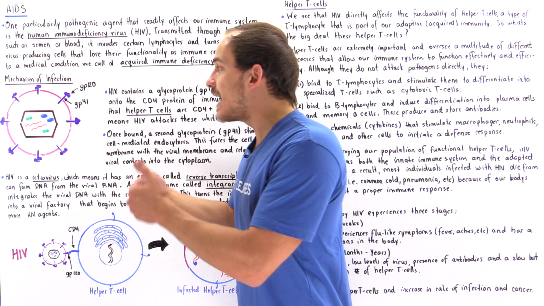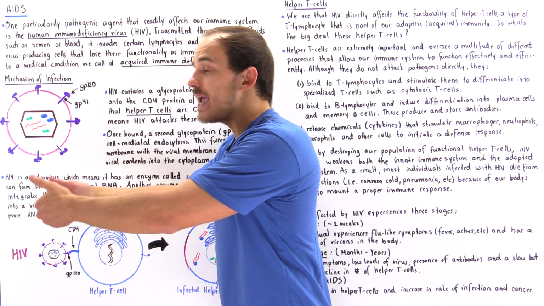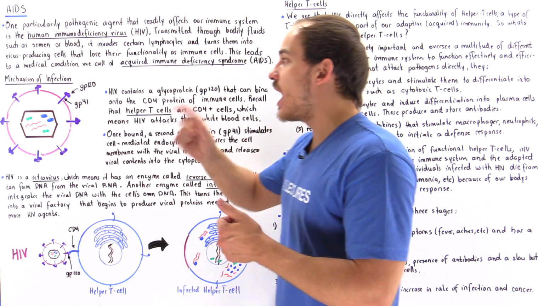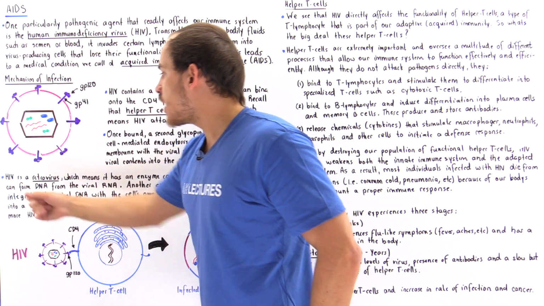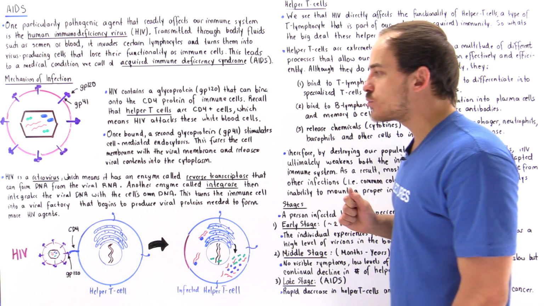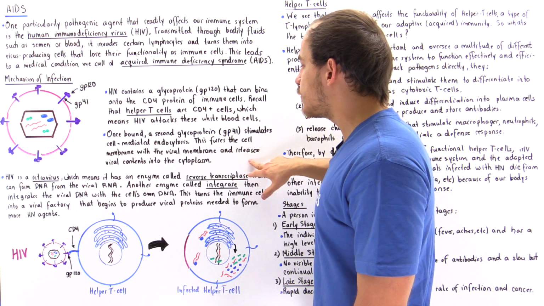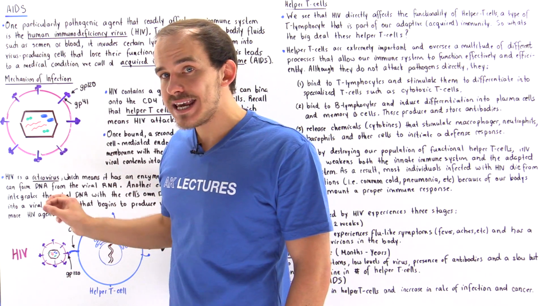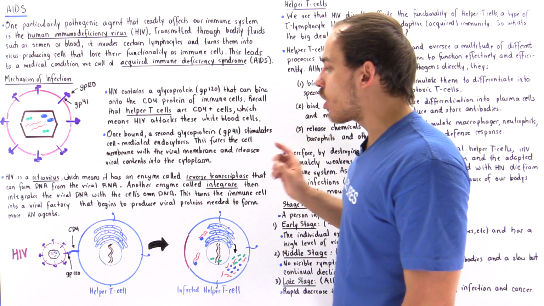Normally, we synthesize RNA from DNA, but in this case, it goes from RNA to DNA, the opposite process. So HIV is a retrovirus, which means it has an enzyme called reverse transcriptase that can form viral DNA from the viral RNA.